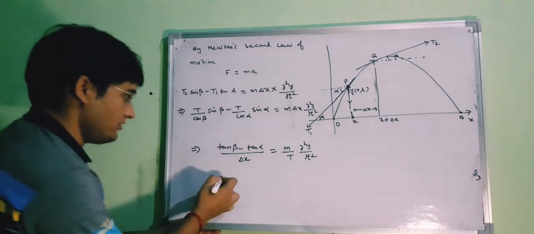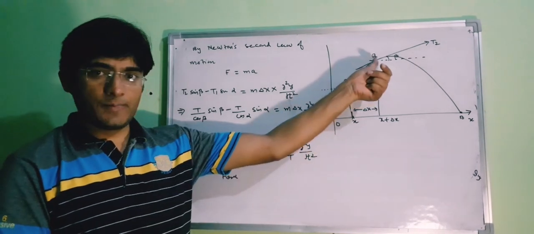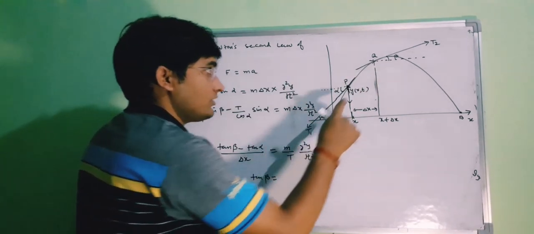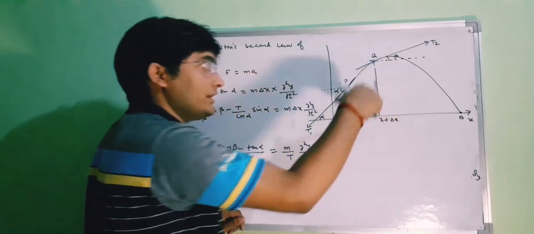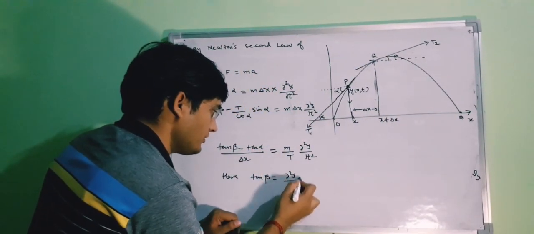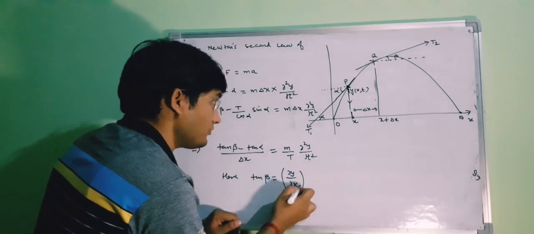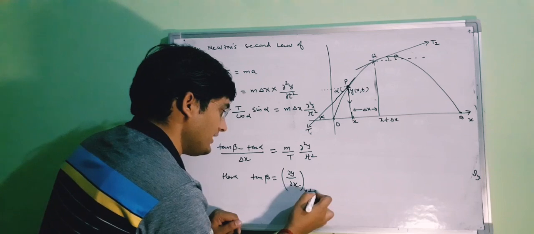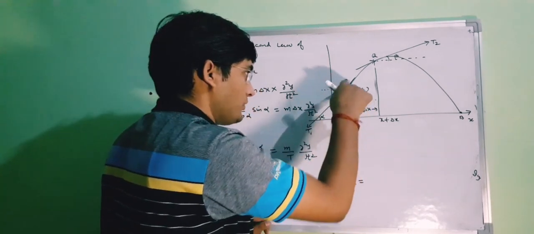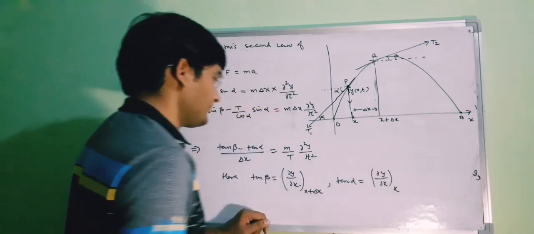Now tan beta and tan alpha are the slopes. Tan beta is the slope at the point Q, so it will be del y upon del x at x plus delta x, and tan alpha is the slope at point P, del y upon del x at x.